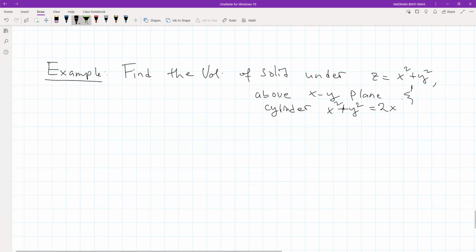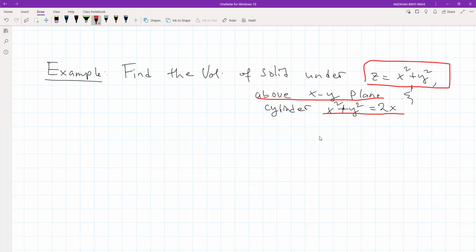Okay. So yang penting kalau tengok kat sini, you have 3 parts. Z equals to this, above XY plane, and then cylinder this one. Okay. So yang ni dia macam parabolic sikit. Okay, sekarang ni apa yang mungkin membawa masalah kepada kita adalah this part.